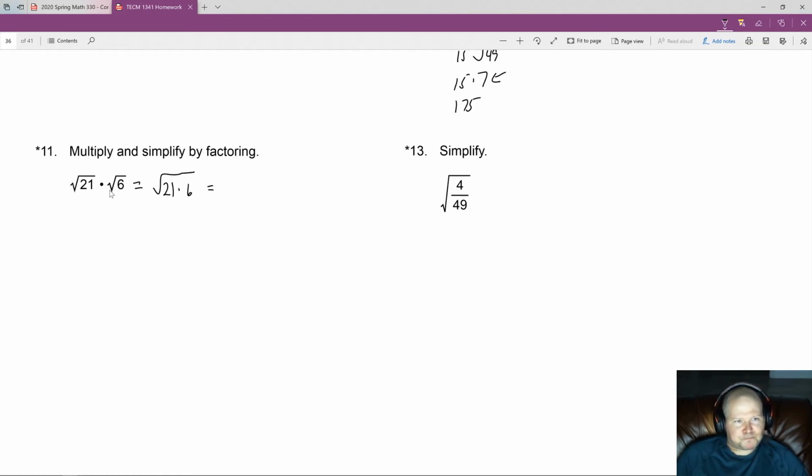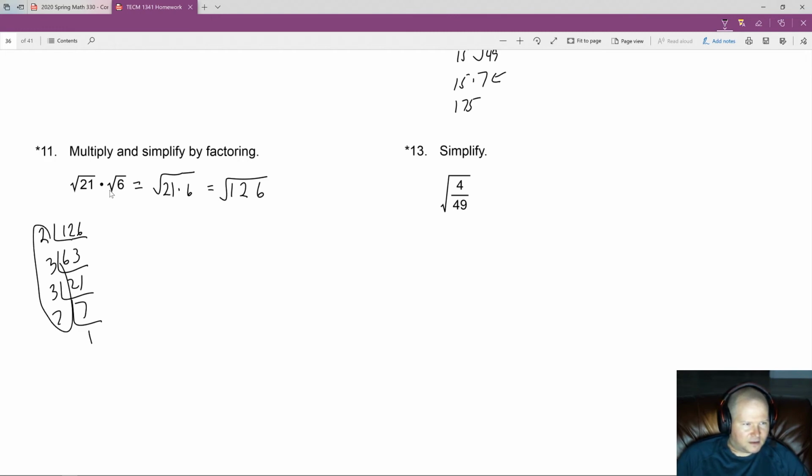So right here, let's say we just want to multiply everything through. 21 times 6 gives us 126, the square root of 126. And we'll do a prime factorization of 126. I can divide that by 2, and that gives me 63. I can divide that by 3, gives me 21. I can divide that by 3, gives me 7. I can divide that by 7, gives me 1.